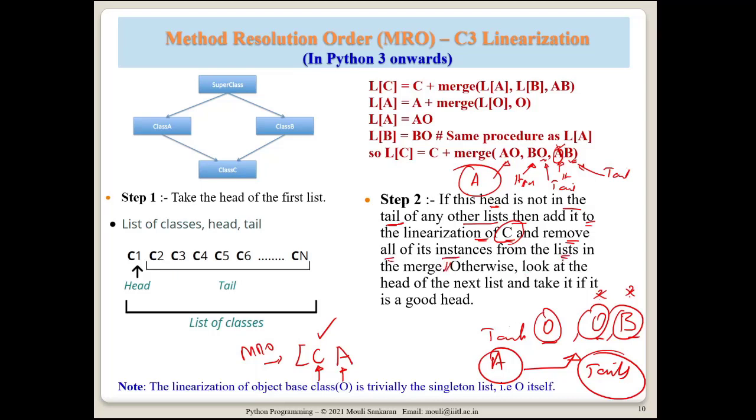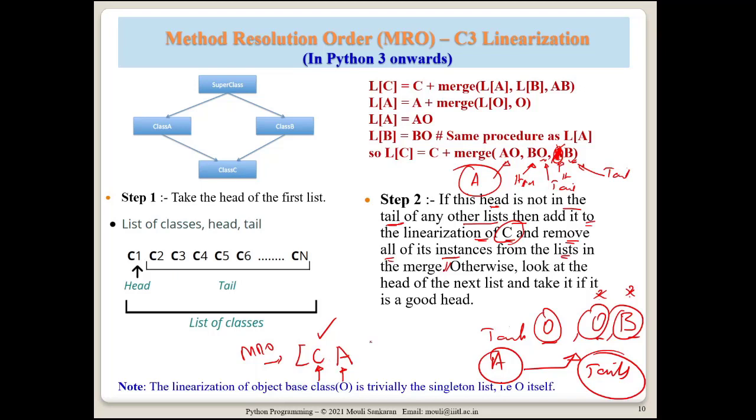All of its instances means it may be in the head. If it is not found in the tail, then only you add it. When you remove all of its instances from the lists in the merge, if it is there as the head of any of the lists, you remove it. You are not going to consider it anymore because you have already added it. You have already searched for A, so you are not going to search for it again.